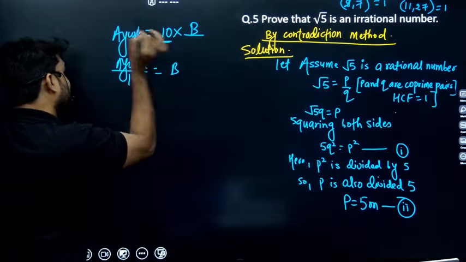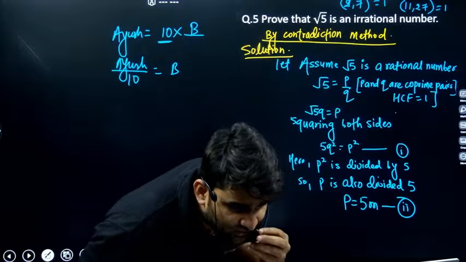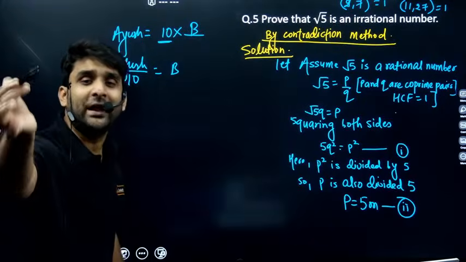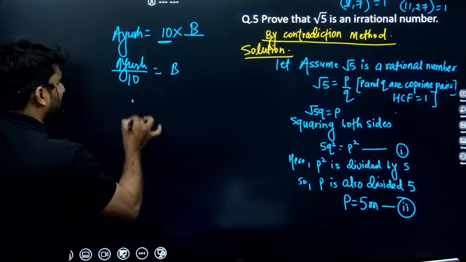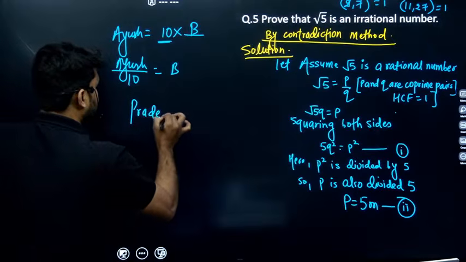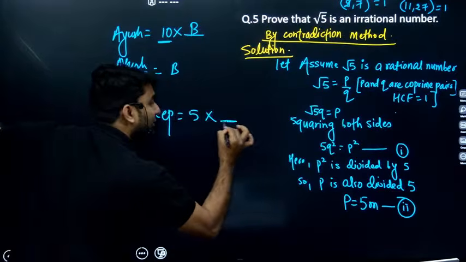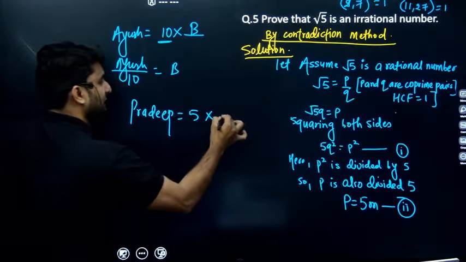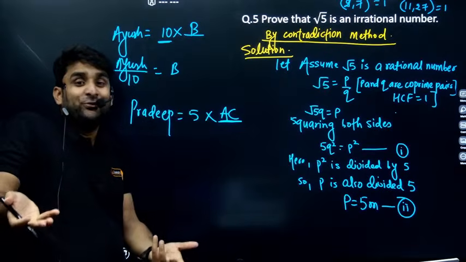So Ayush is getting divided by 10. Similarly, Pradeep can be divided by 5. So I can write Pradeep is equal to 5 into anything, for example, AC. Pradeep is equal to 5 into AC.